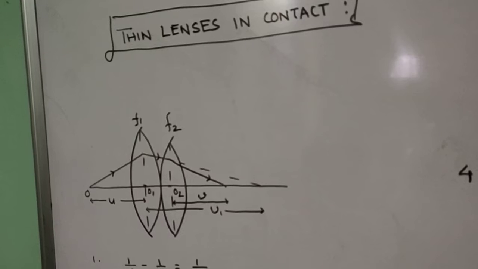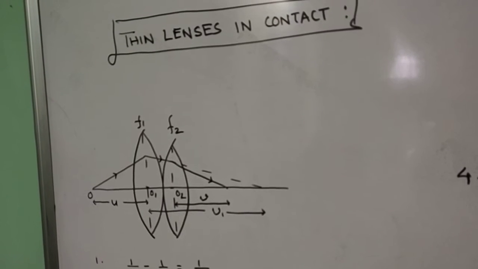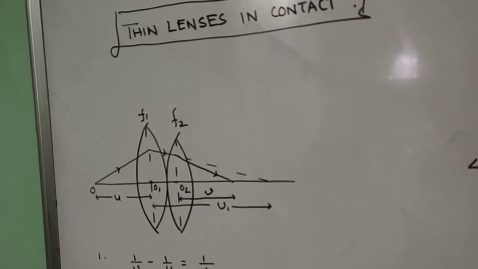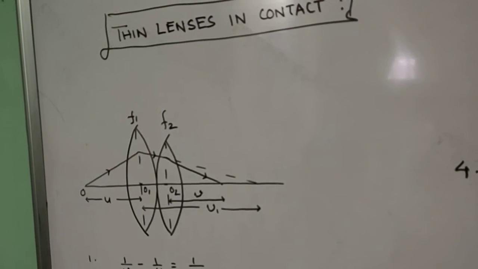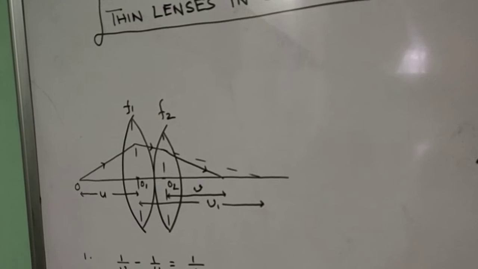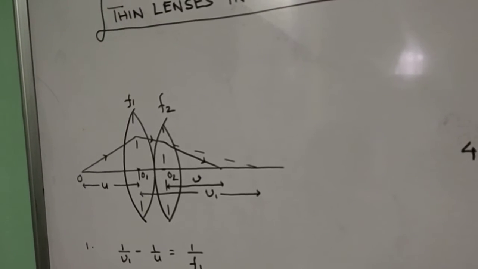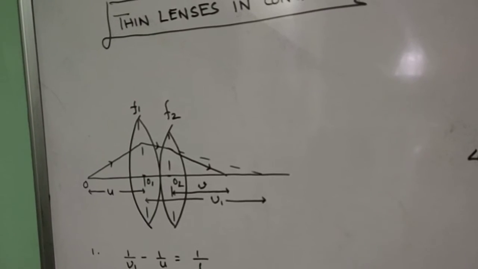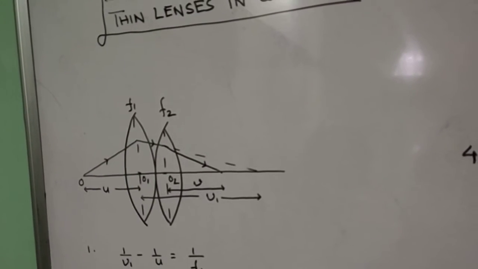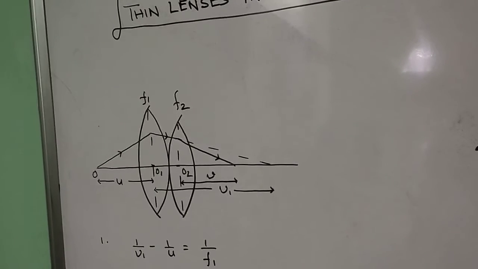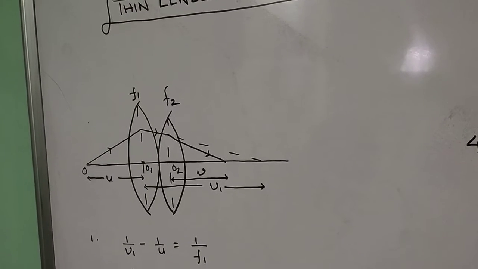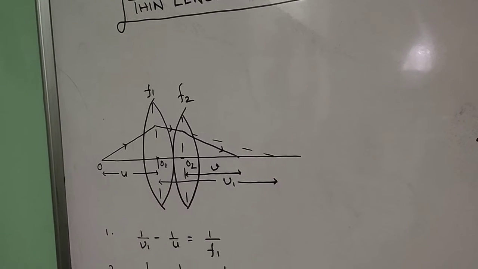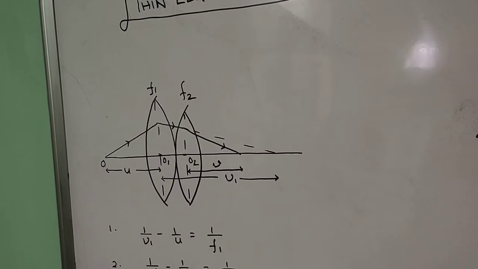If you extend the change in direction for the lens of focal length f1, you will get the dotted extension. The dotted extension which intersects on the principal axis is nothing but the image formed by the lens of focal length f1, and the solid refracted ray formed by the lens of focal length f2 is nothing but the final image.